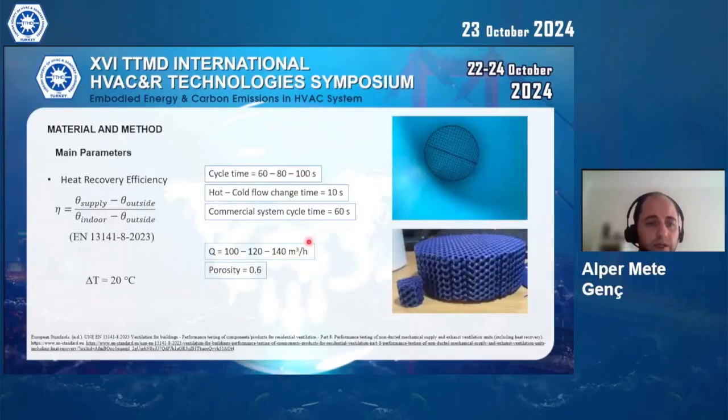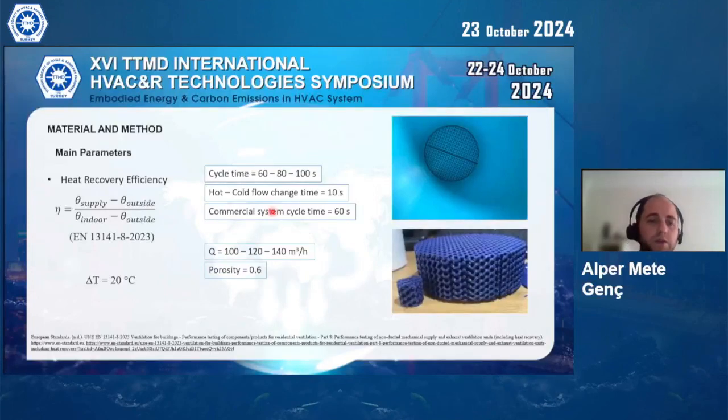Here are our main parameters. Actually, we calculate the heat recovery efficiency using this formula. Also, we choose cycle times of 60, 80, and 100 seconds, because the commercial system cycle time varies between 60 and 70 seconds.